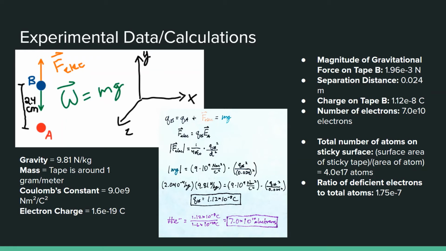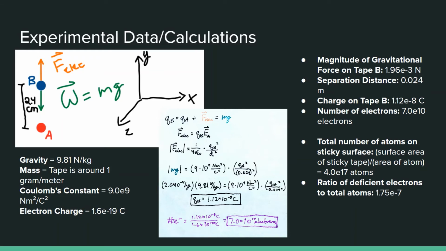And so plugging in our gravitational constant, our mass, which was 0.2 grams, the separation distance in meters, which is 0.024, as well as Coulomb's constant, we could multiply the mass and the gravity out and divide by Coulomb's constant to get the charge of point B, which is around 1.12 times 10 to the negative 8 coulombs.